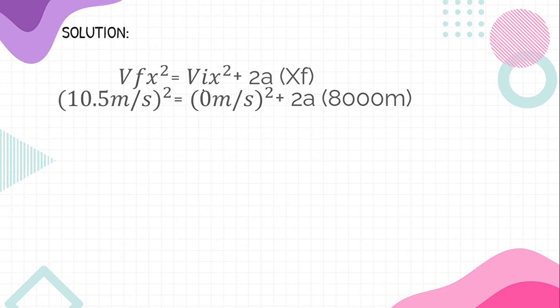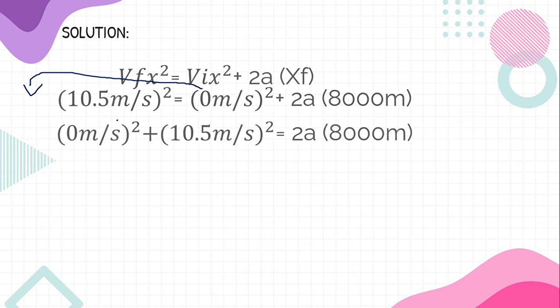After this, we're going to need to distribute like terms, in which 0 m/s will be put here. Okay, now our equation will be (0 m/s) squared plus (10.5 m/s) squared equals 2a(8000 meters).